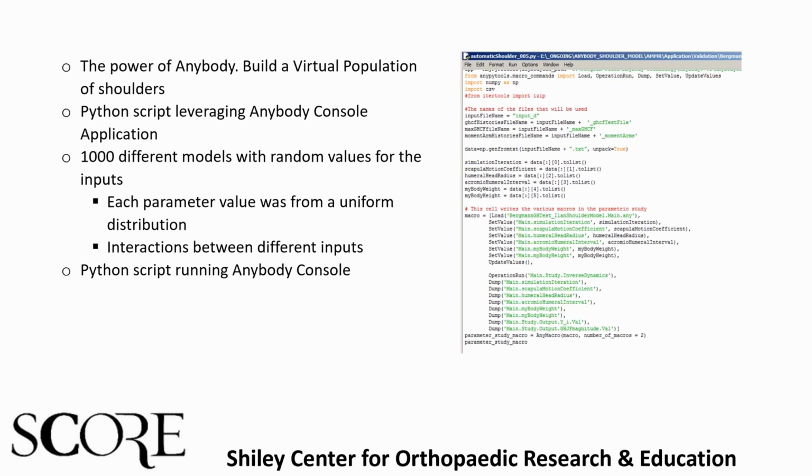Again, each parameter value was from a uniform distribution, and each was varied independently of the others, so they were not correlated with each other. That way we were able to quantify the interactions between different inputs.